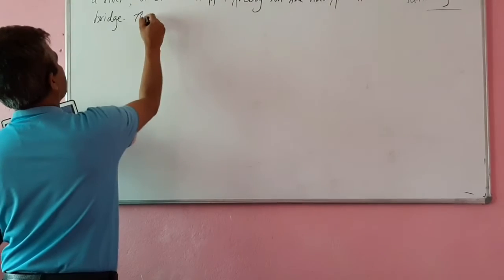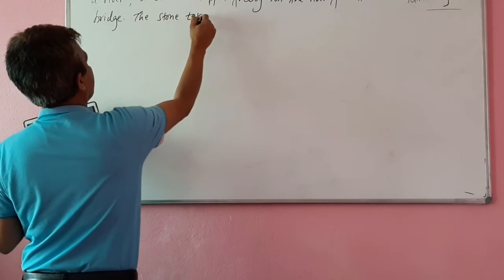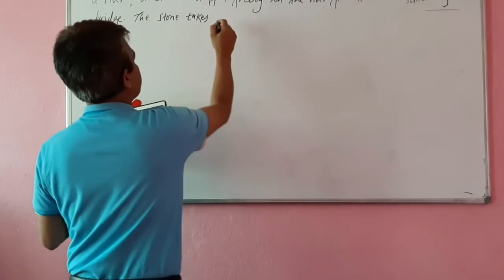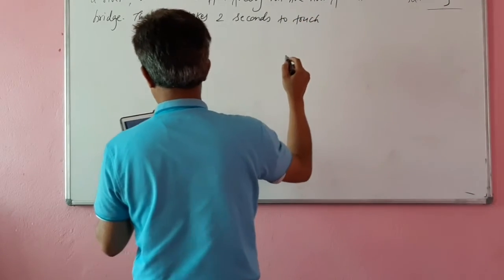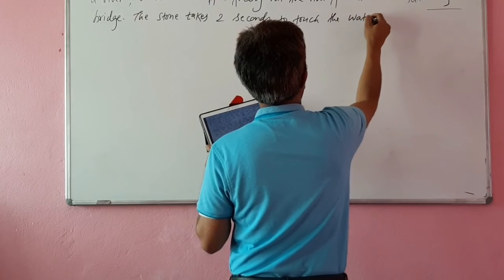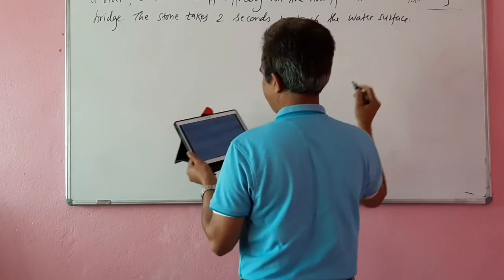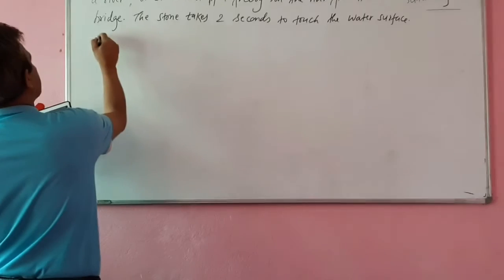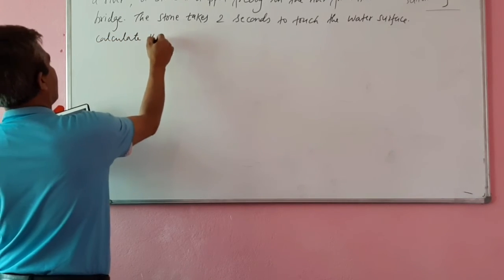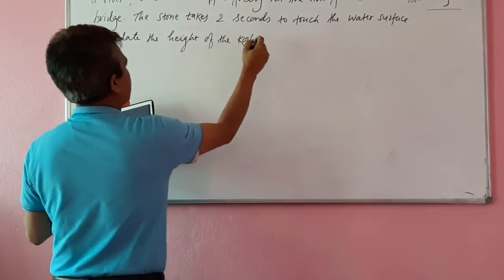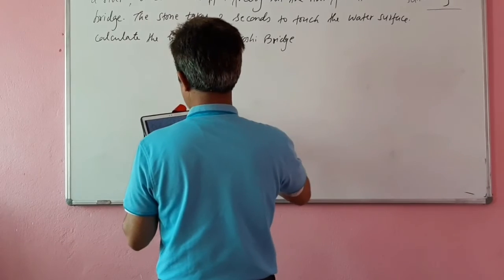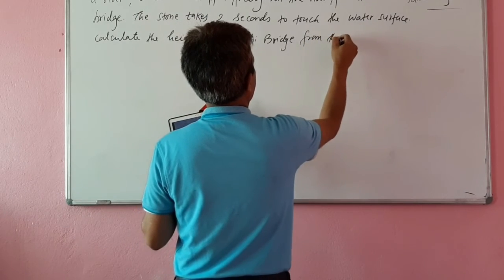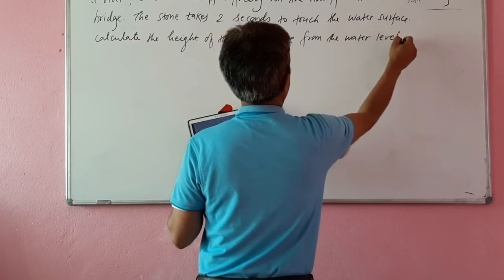The stone takes 2 seconds to touch the water surface. Calculate the height of the Kosi bridge from the water level.